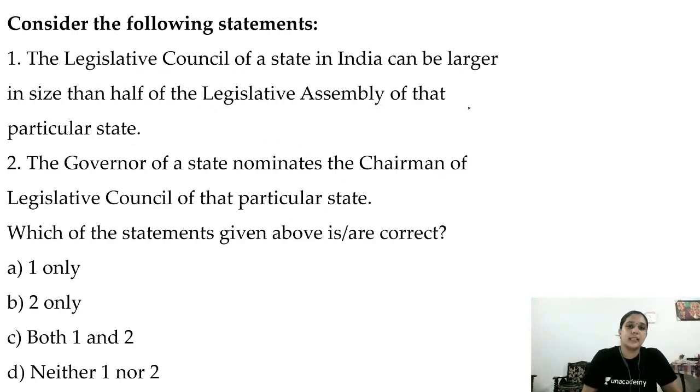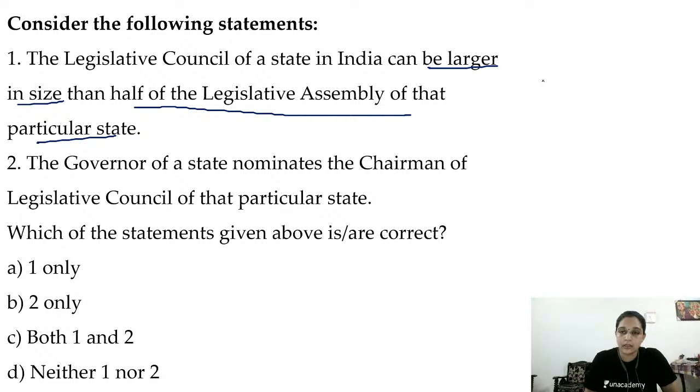Clear? The Legislative Council of a state in India can be larger in size than half of the Legislative Assembly of the particular state. They are not talking about more than the Legislative Assembly, they are saying more than half.